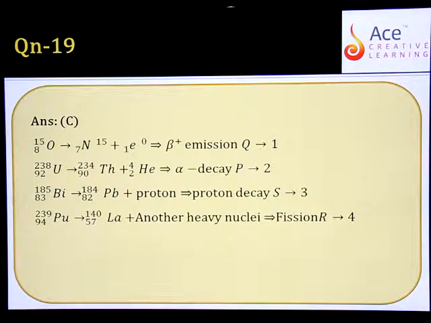The second reaction, it has to emit an alpha particle, so it's an alpha decay. So 2 corresponds to P. The third reaction, it should correspond to a proton decay, so S corresponds to 3. And the fourth reaction, we have to have another heavy nuclei coming out. So this is fission reaction. So R corresponds to 4. As far as the rating goes, it's a pretty easy question.